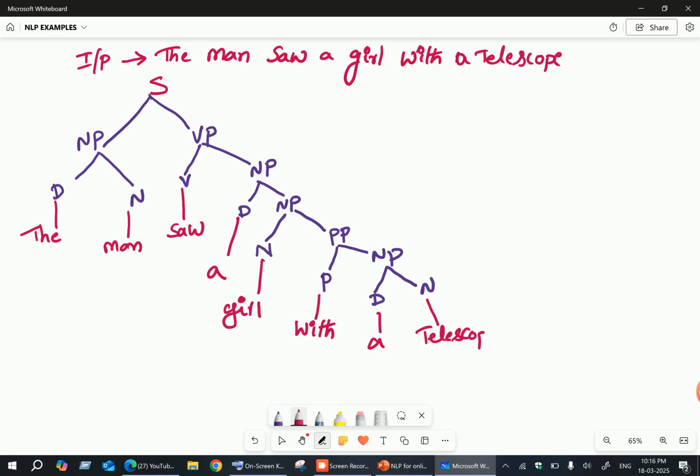So this is our constructed parse tree. By using these, we have to write our grammar. This is very important. Everyone needs to understand this very clearly. So how to construct the grammar?